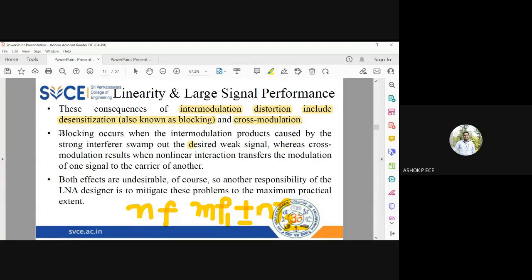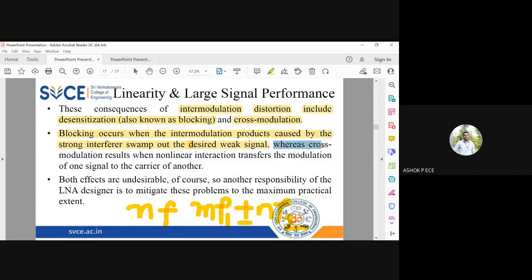In that case, these IMD products will block your actual signal. They will allow the noise to pass through and they will amplify the noise. That is not a desired property for us, because ultimately the fundamental signal, which is our interest, is getting blocked out. So that is one of the drawbacks of IMD products if they are present in your signal.